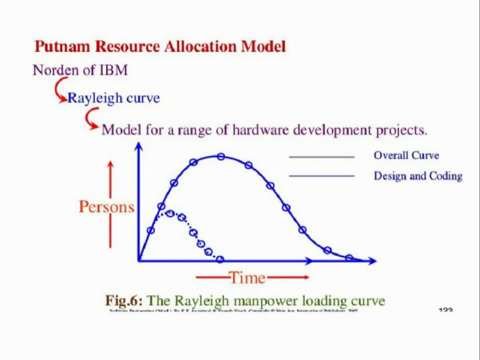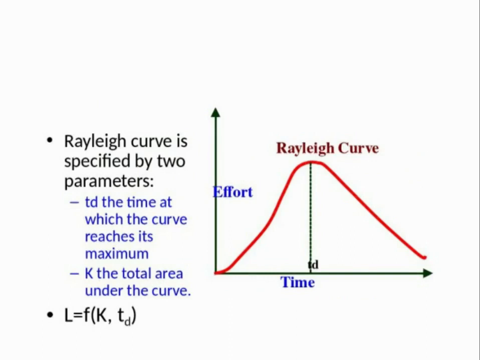Norden of IBM in 1958 analyzed many R&D projects and observed that the number of personnel required during any project development is not a constant value. Later, Rayleigh in the 1970s suggested a model of effort required with time for a range of hardware development projects.